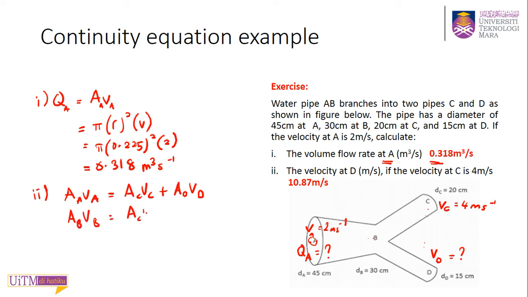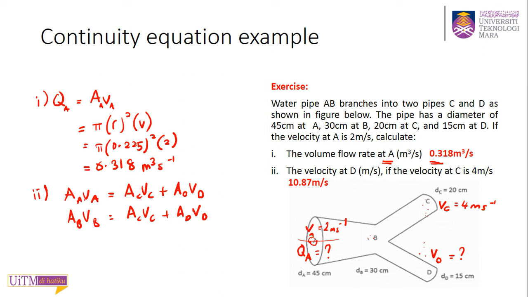Because what goes in must come out. So QA and QB are the same, and this value is equal to the summation of QC and QD. So you just choose either one, whichever you find easier.